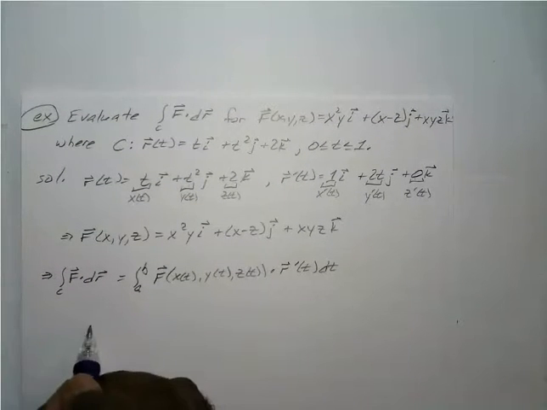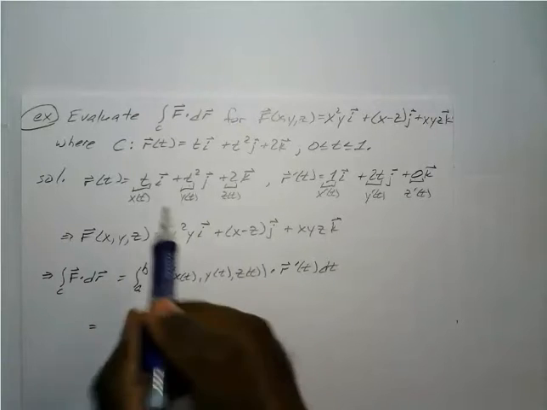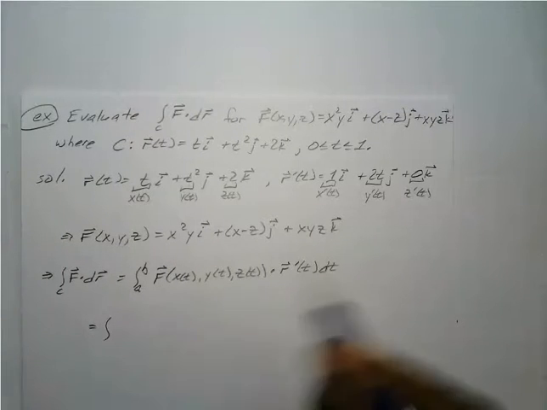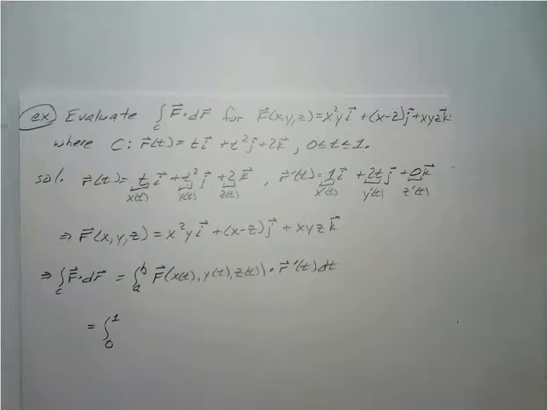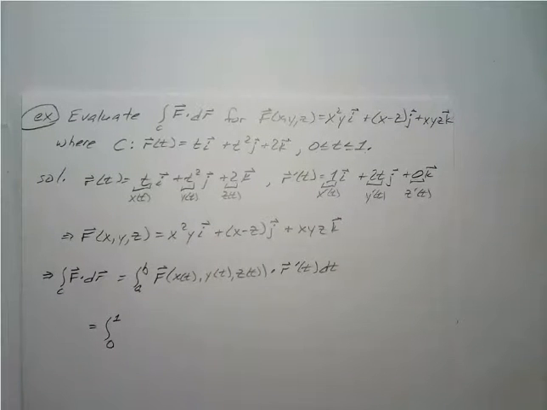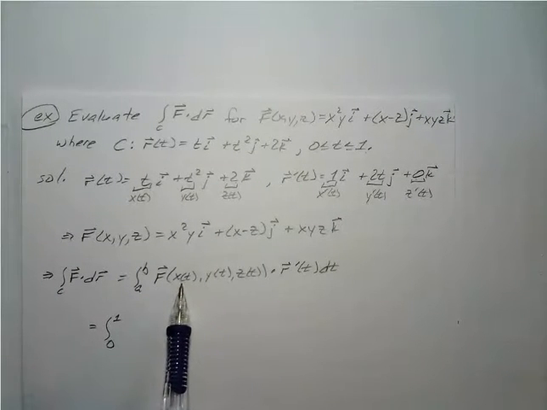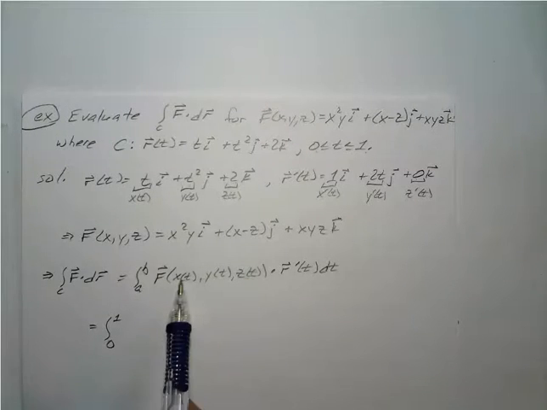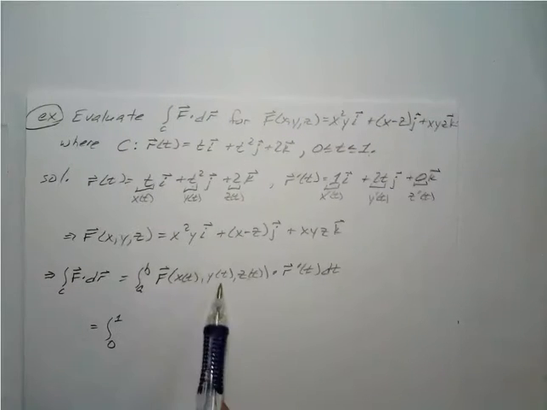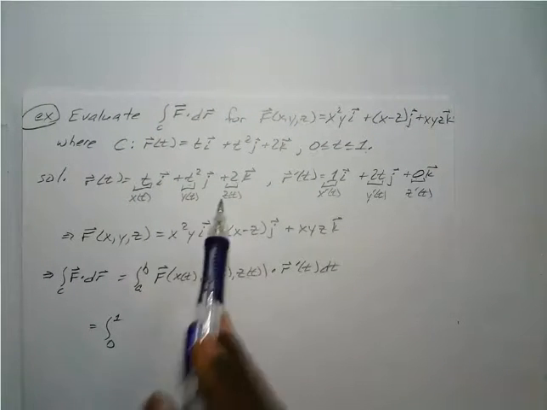All right, so remember this is your x of t, so we have the integral from 0 to 1. Okay. So our f of x of t, y of t, z of t, remember you're going to replace the x with x of t, the y with y of t, and the z with z of t.